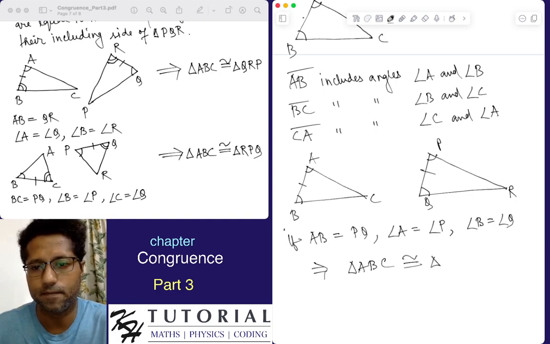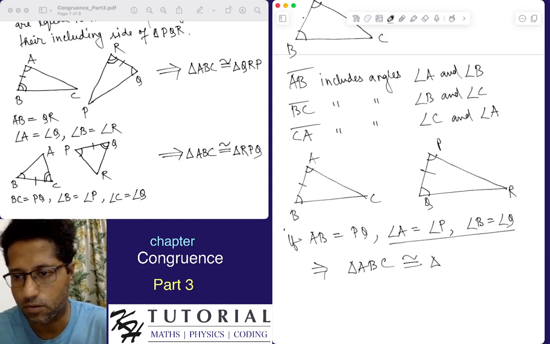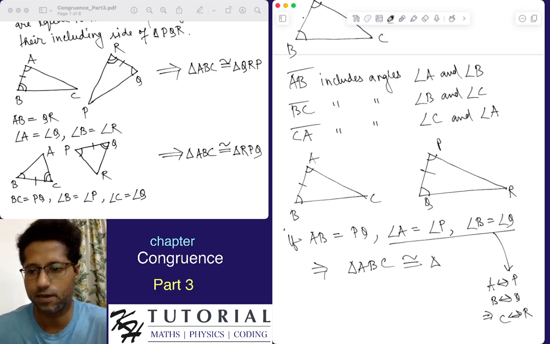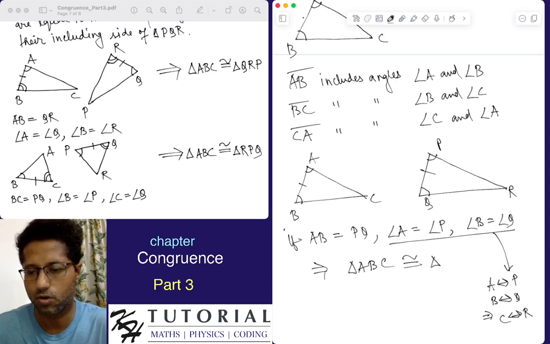Now you see that when you know angle A is equal to angle P and angle B is equal to angle Q, from these two facts you automatically know the mapping, that is A is mapped to P and B is mapped to Q. So this will imply that C has to be mapped with R. So you know the mapping, and I can name the congruence relation: triangle ABC is congruent to triangle PQR.